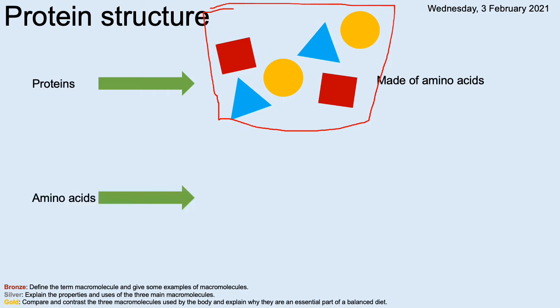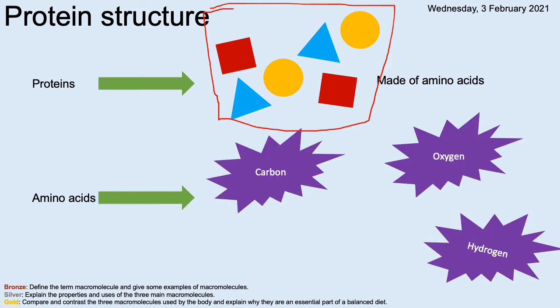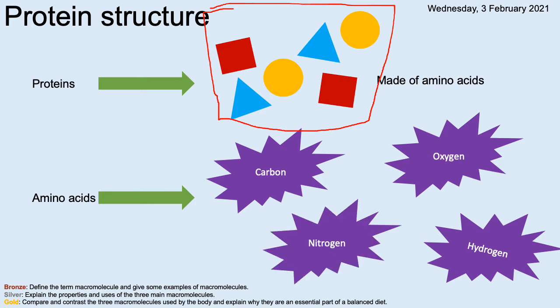And amino acids are made out of carbon, oxygen, hydrogen, but they've also got another element within them, and that is nitrogen. So these are slightly different to carbohydrates and lipids in that they include nitrogen, whereas carbohydrates only include carbon, oxygen, and hydrogen, and lipids are a bit of a strange one. They include a mixture of things, but they're mainly carbon, oxygen, and hydrogen. They don't include any nitrogen.